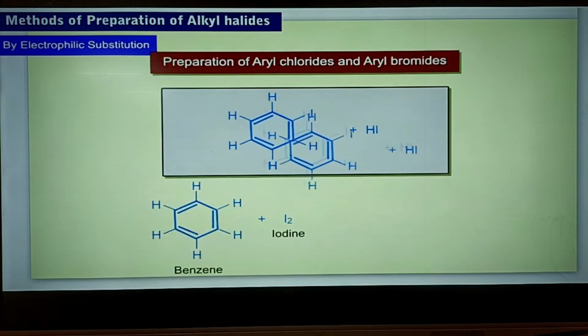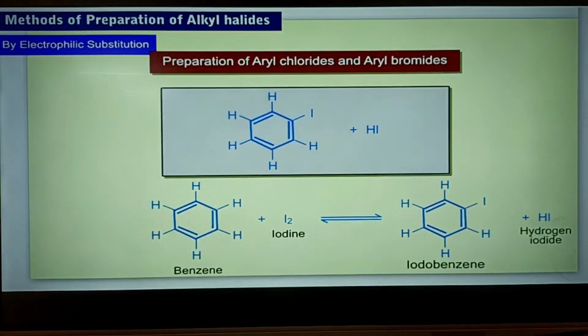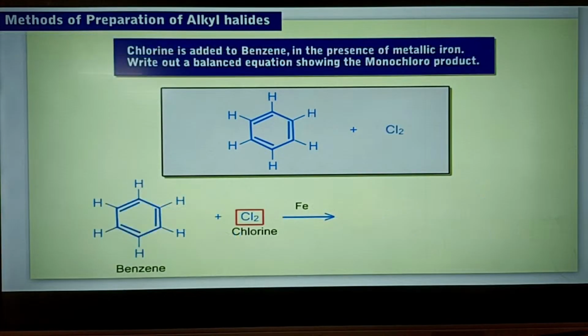Note that the reaction with iodine is reversible and requires the presence of an oxidizing agent such as nitric acid or iodic acid to oxidize the hydrogen iodide formed during the reaction. Chlorine is added to benzene in the presence of metallic iron.